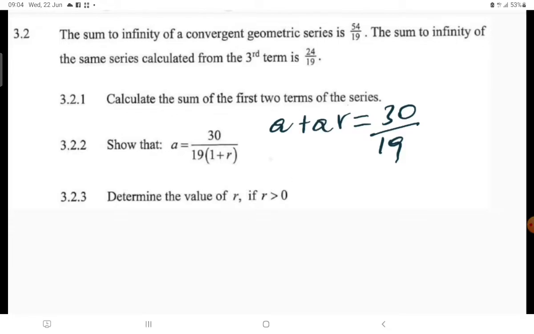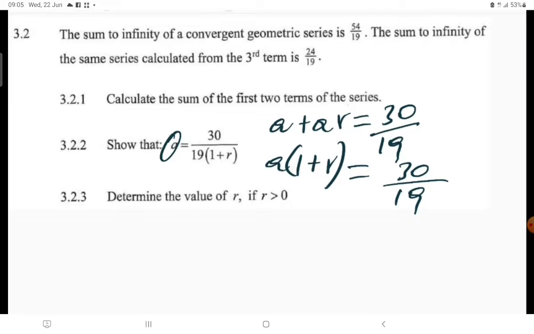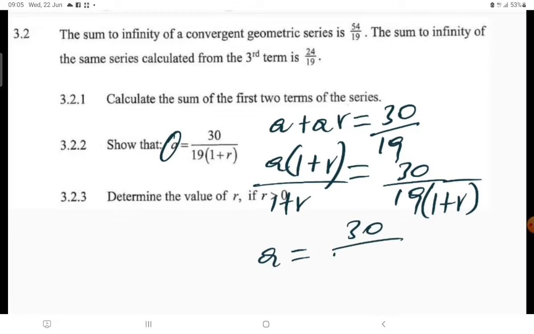These are the first two terms that we got. So now let's try to solve for a. We can just remove the common factor there, so we get a times 1 plus r is equal to 30 over 19. Remember, we're looking for a, therefore we can divide by what we are not looking for, which is going to be that one. So a is now equal to 30 over 19 into 1 plus r.